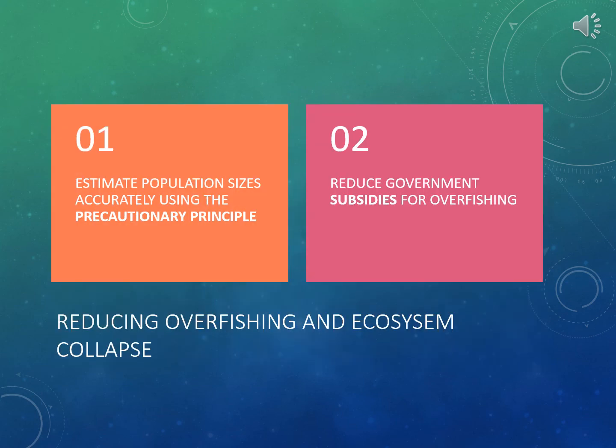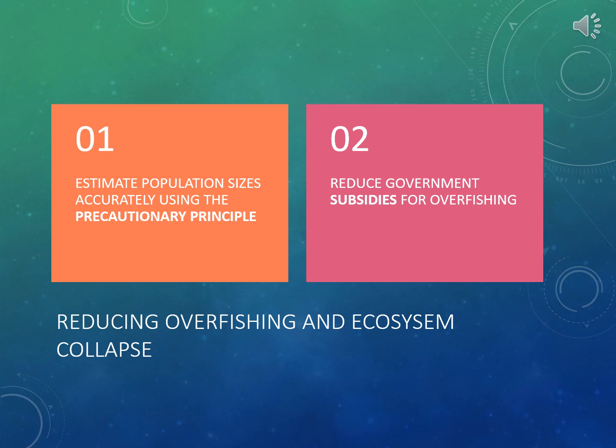So how can we avoid overfishing and maintain our resources so that we can still feed on fish, which we've seen before would help to reduce the land use impact of industrial husbandry? One of the things we can do is go back to maximum sustainable yield curves and estimate population sizes accurately using that precautionary principle.